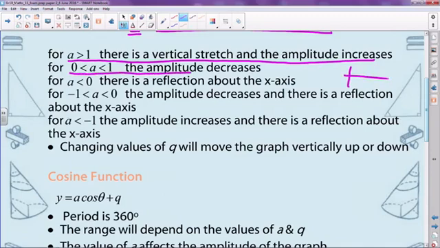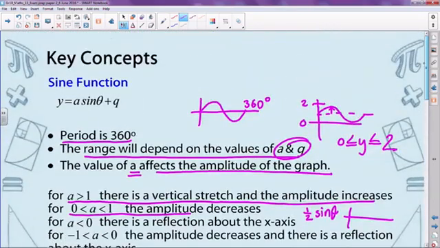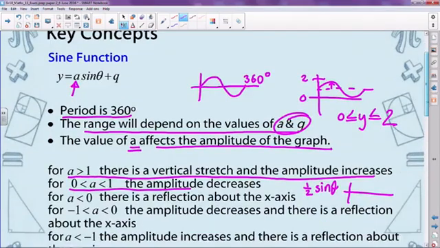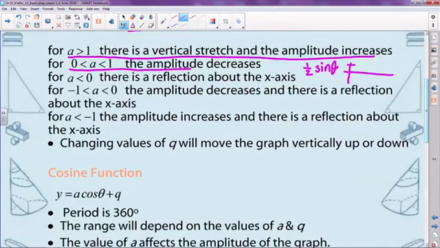And if you think about that, that makes sense, because if it's half sine theta, let's just go back and look. You see, there's A. If we're multiplying sine theta by half all the time, what is it going to go up to? It's only going to go up to half and down to -half. So it becomes half the size.